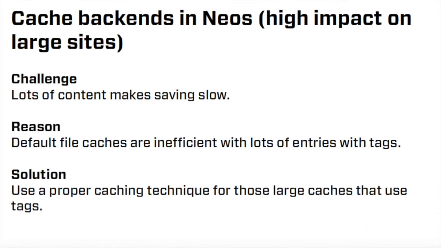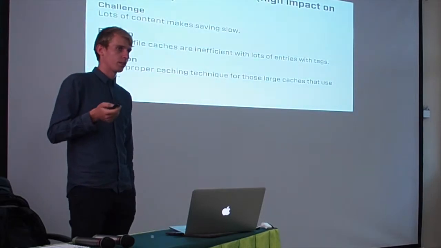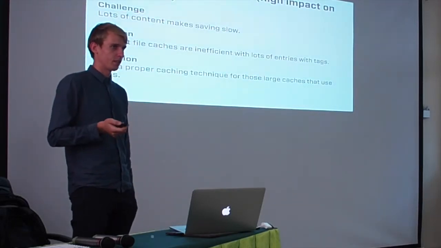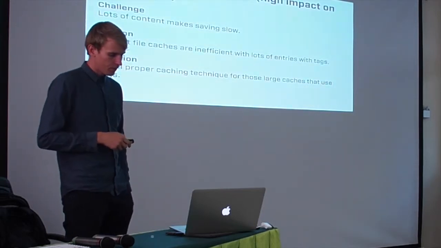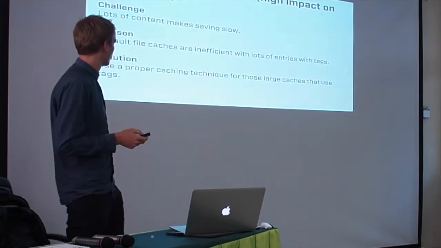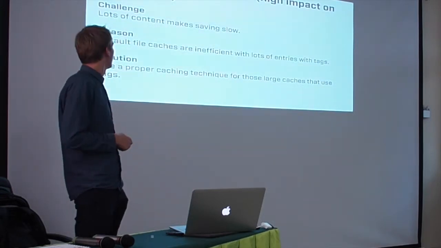Another thing in Neos particularly is cache backends. There are some situations where the default is not performant either. To make it performant, you have to use a memory cache backend instead of files.